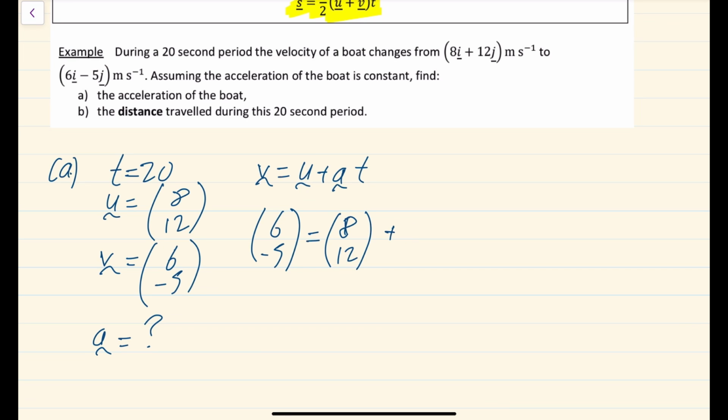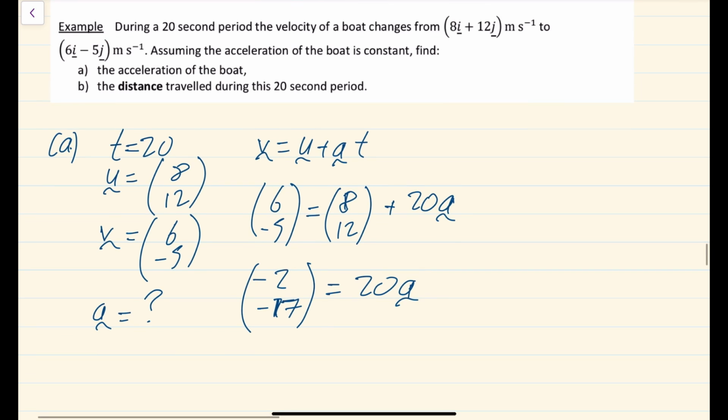I'm just going to write that as 20a. It'll be a nicer way to write it. Now bring the 8, 12 across, and it subtracts: 6 minus 8 is minus 2, minus 5 minus 12 is minus 17. And that equals 20a.